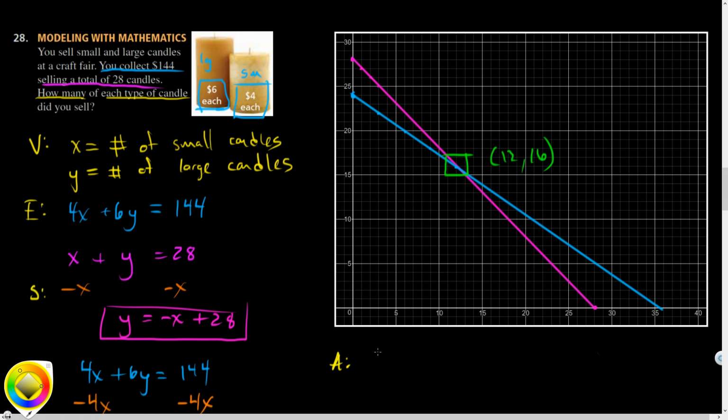So I just combine those as a sentence. You sold 12 small candles and 16 large candles. Nice. All right, so I just combine that and I write my sentence answer.